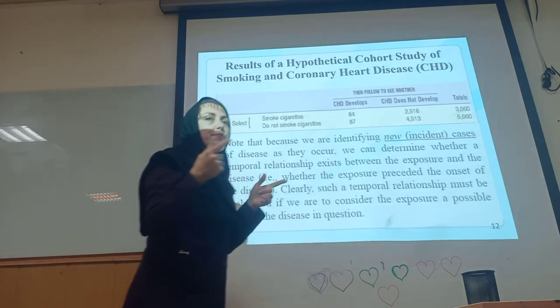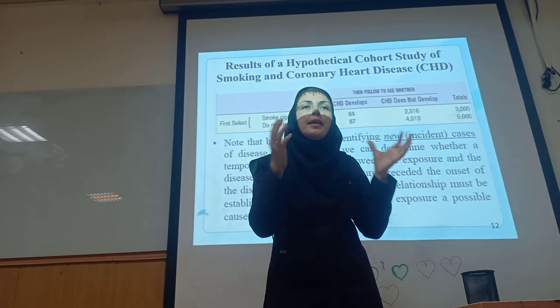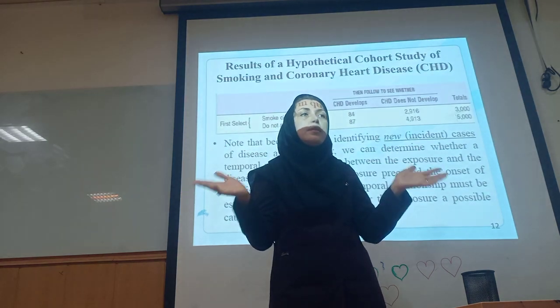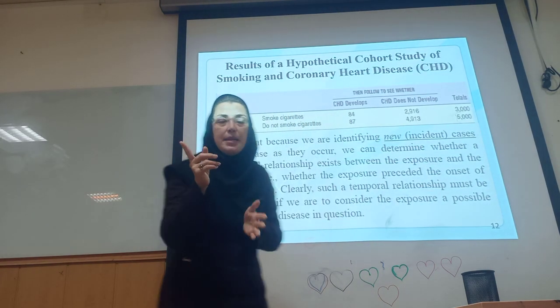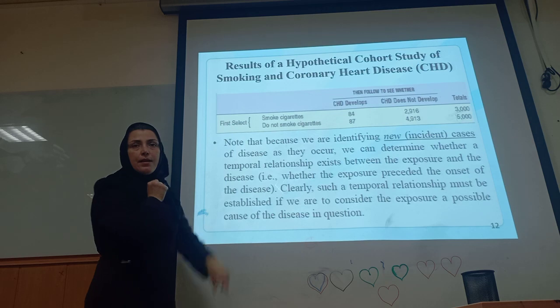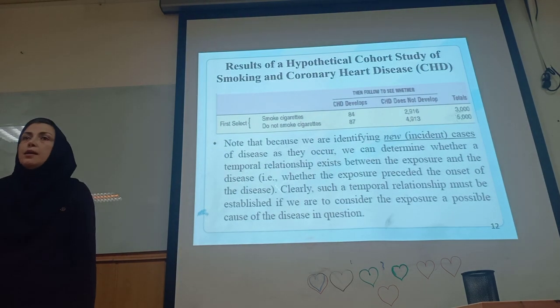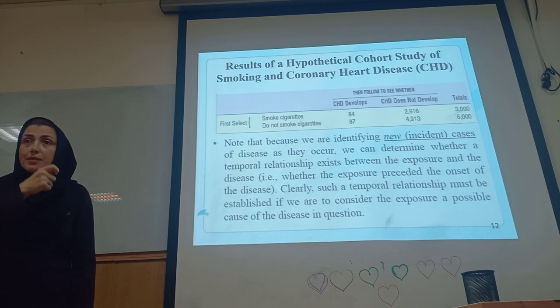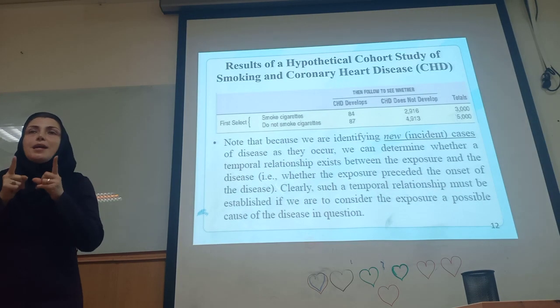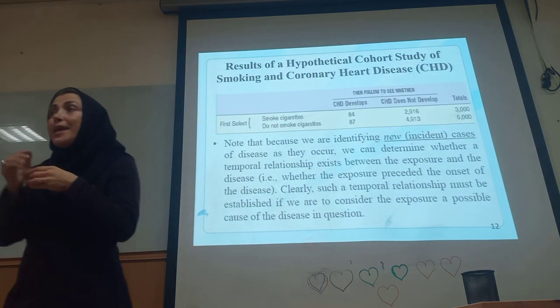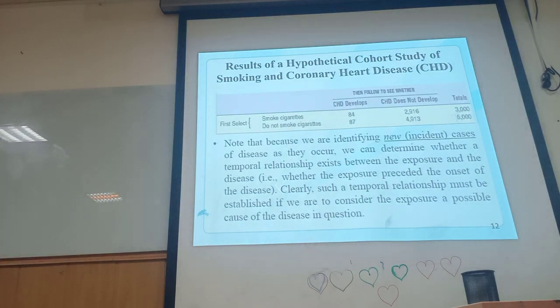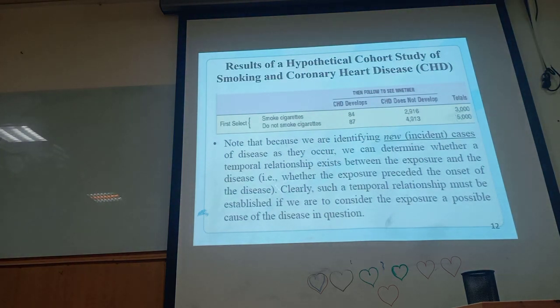to test if they are statistically different or not. If yes, it means that exposure has association with disease, with outcome. This kind of association is nearer to causality. Why?